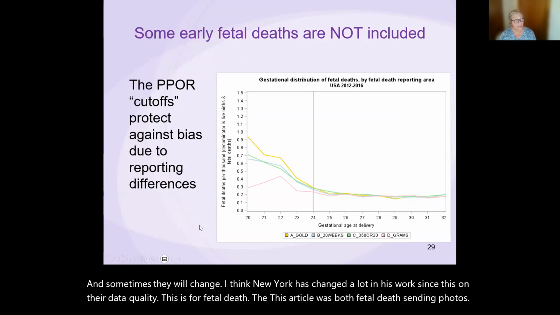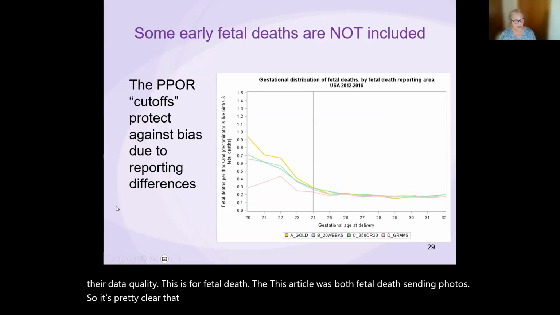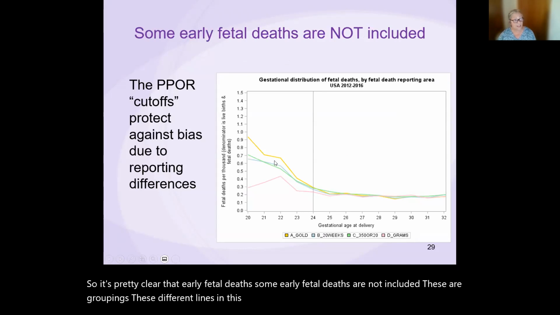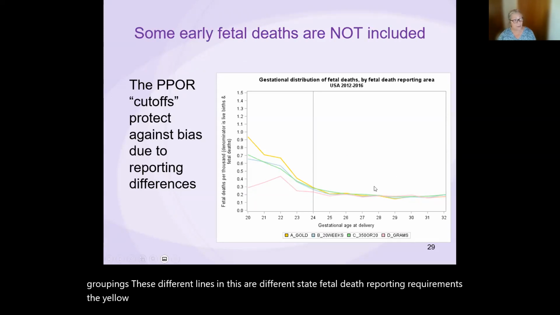So it's pretty clear that some early fetal deaths are not included. These different lines are different state fetal death reporting requirements. The yellow line is the group that requires reporting of all fetal deaths. That's the 5 states that were in that other chart.